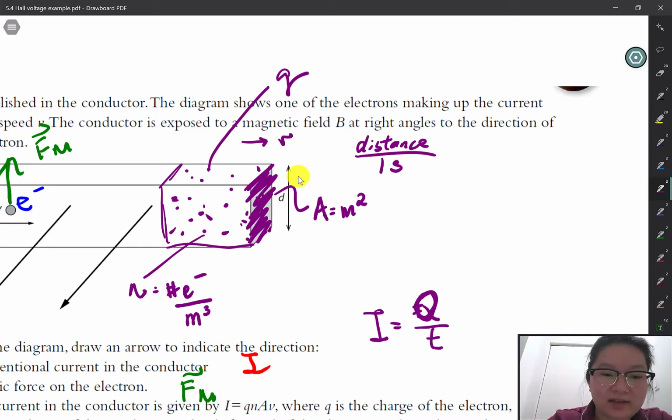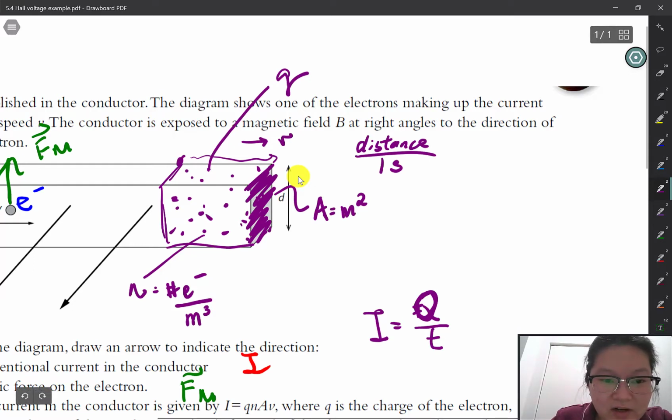So in 1 second, let's say this electron here moves exactly this distance, okay? So if that's the case, then all of these electrons in between here would have moved past this cross-sectional area here at the end, okay?